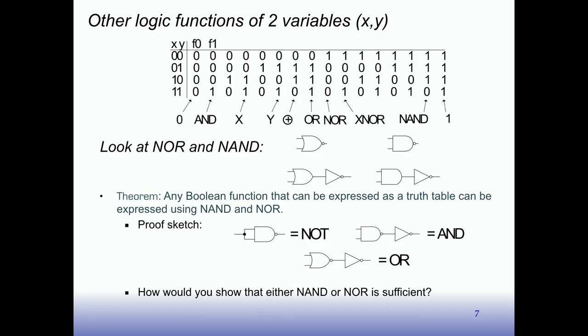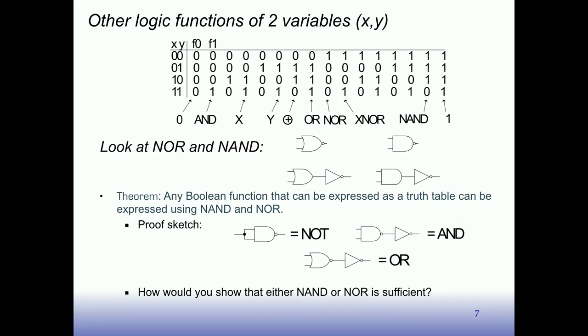We could build up a Boolean algebra out of any of these functions, take a couple of these functions. In particular, first of all, look at NAND and NOR. NOR is just OR with an inverted output. You can see that because if you look at these two here, they're just the complement of one another.